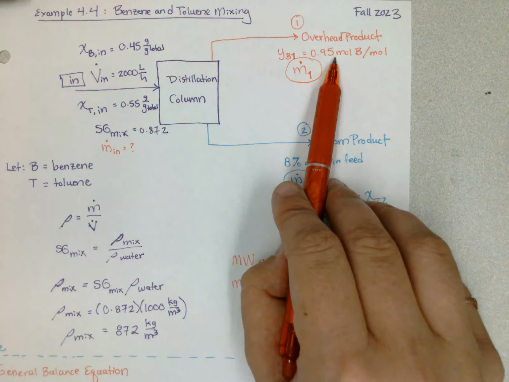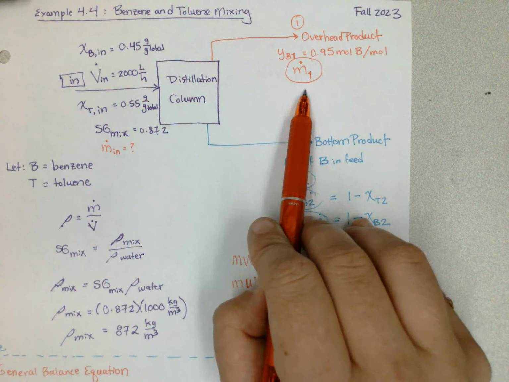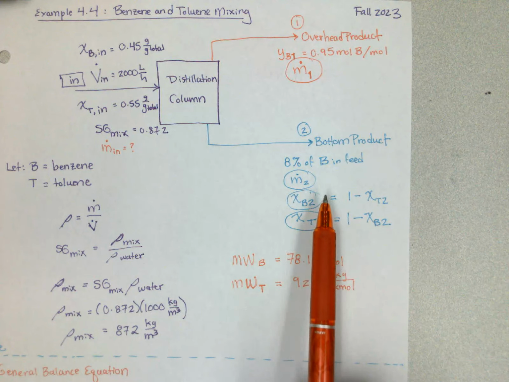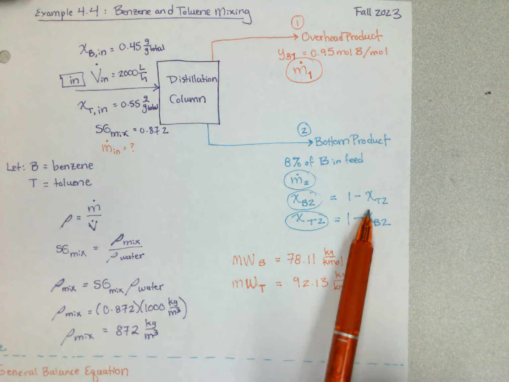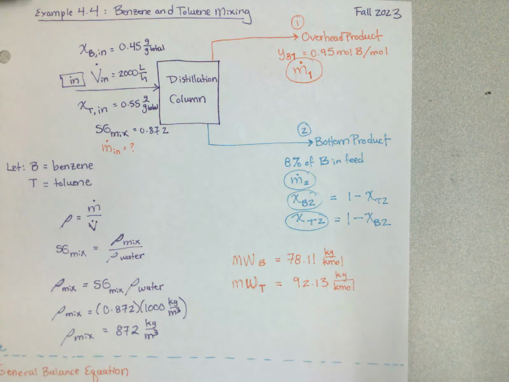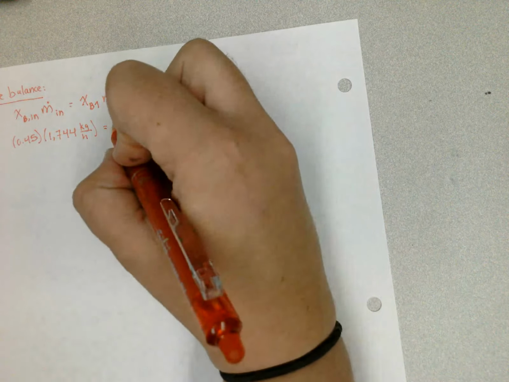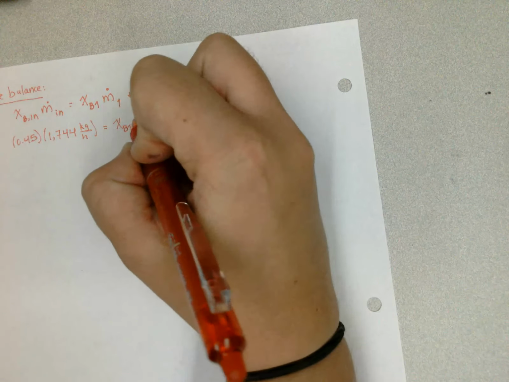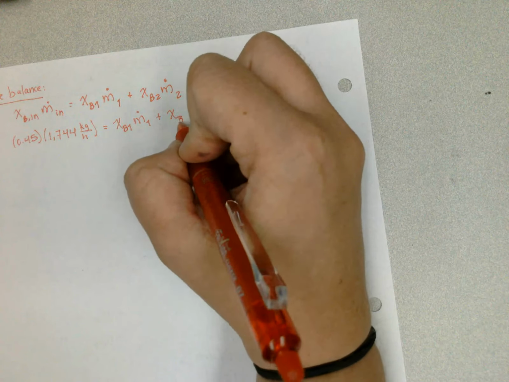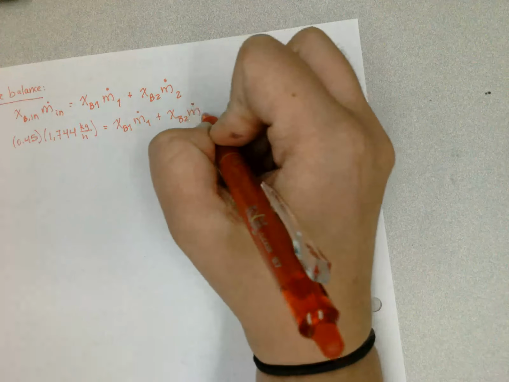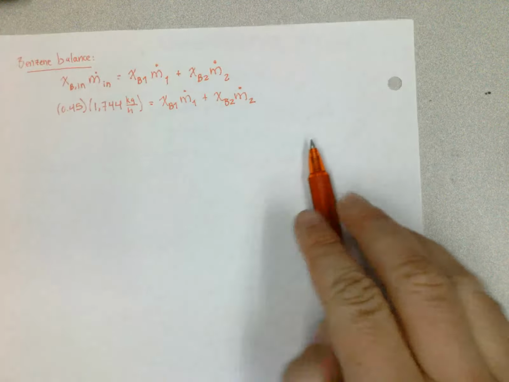yet. So we'll talk about this in a second. So there's nothing that we can plug in here. And then down here, there's not a lot we can do yet either, right? So let's just keep that in terms of variables right now. XB2, M2. Okay.